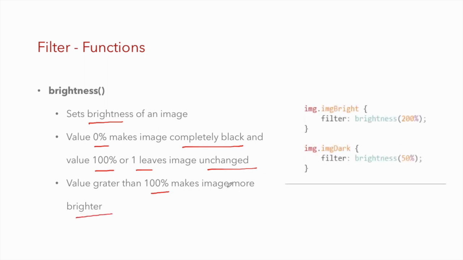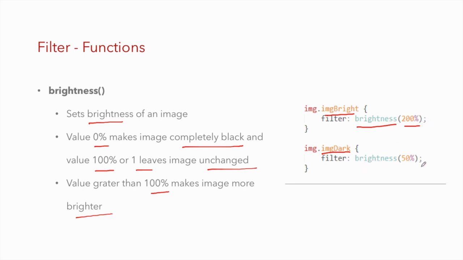So this is one example where to an image we have applied the class img bright, and to another image we have specified the class name as image dark. Here you can see that the function is brightness, and in the first class I have specified the value as 200, so of course it is going to be brighter than the actual brightness.